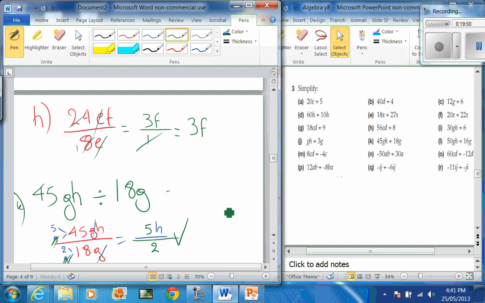If I give you a value of h, and I tell you the value of h is 2, can you evaluate it? Then you can take it further. Then you write 5 times 2, not h anymore, divided by 2. And then if you simplify, you're coming up with 5. Okay?